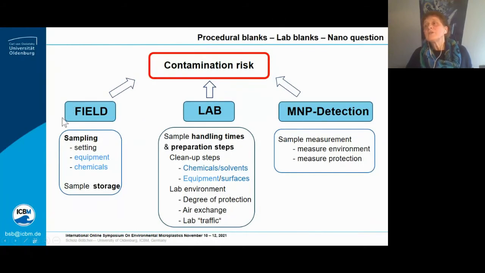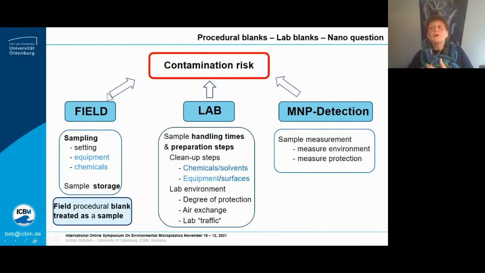It is highly recommended to do field blanks for all sampling processes, like the used equipment, the used chemicals, and also the used storage. But the lab is another part, and I will show some examples later, where you use different chemicals, solvents, equipment, etc. You have different degrees of protection of your lab.